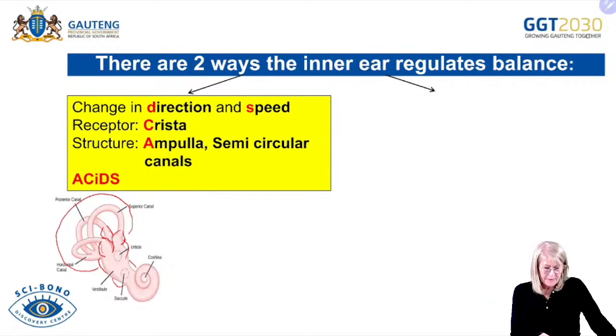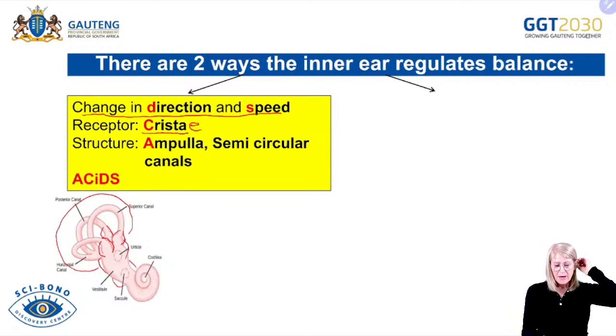That change in direction and speed is a stimulus received by the receptor we call the crista in the semicircular canals. The crista is singular; if we make it plural, we just add an E. They are found in that broadened section at the end of the semicircular canal, called the ampulla.